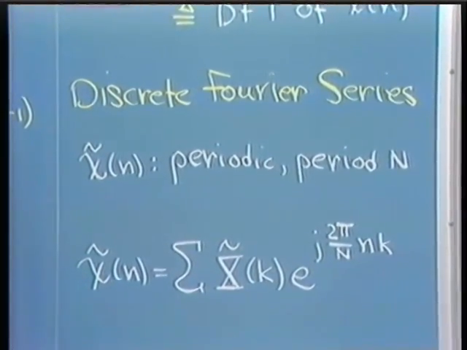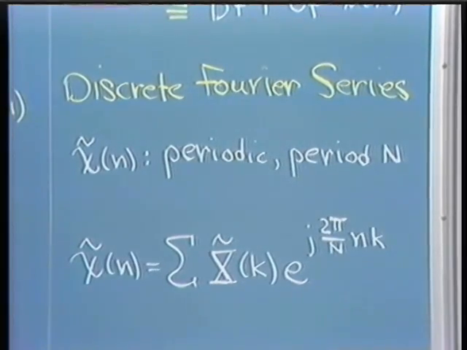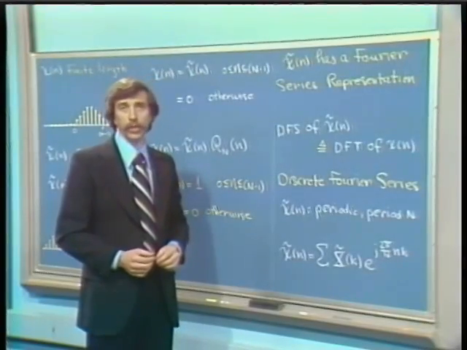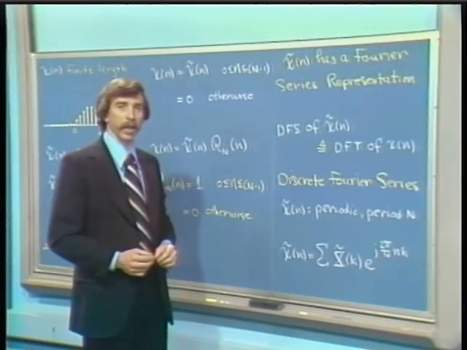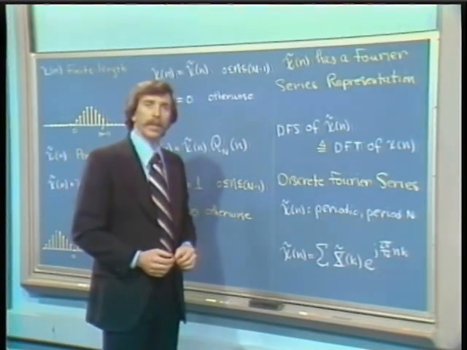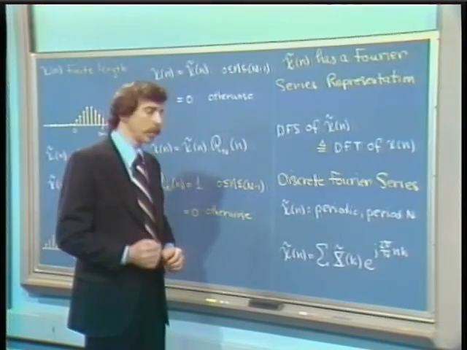In the continuous time case, we know that if we have a periodic time function, we can represent it as a linear combination of harmonically related complex exponentials. That's the Fourier series representation in the continuous time case. And I'll simply state without proof that the same kind of relationship holds in the discrete time case.